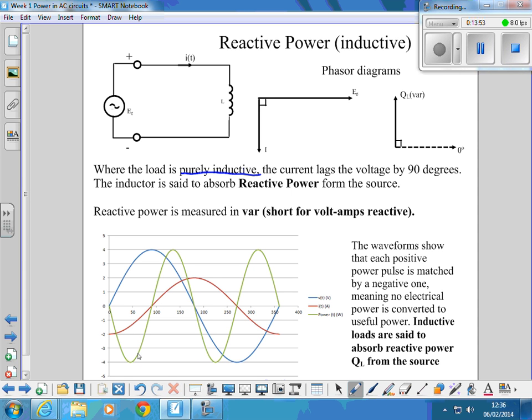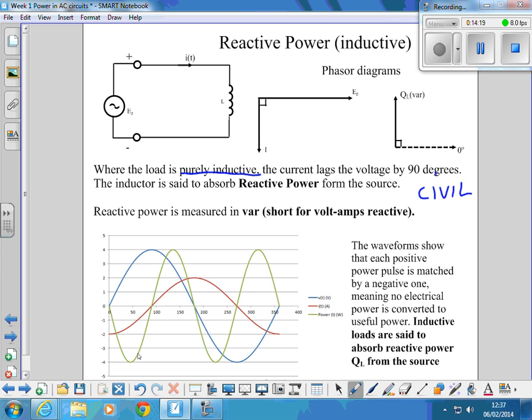I've drawn 2 phasor diagrams representing that circuit. The first one is the phasor difference between the voltage of the supply and the current flowing in it. And anyone remember what the word is to help you determine? Civil, yeah. C-I-V-I-L.